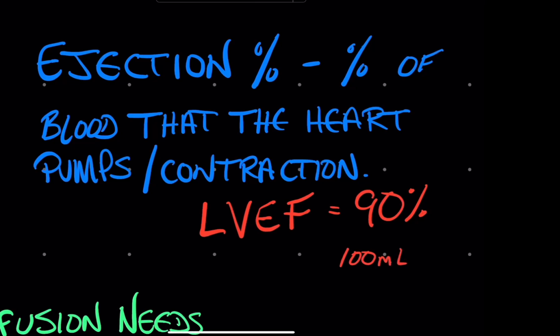If you were to eject 90% of that, it would be 90 mils. So no matter what amount of volume is filling this ventricle, it's always going to be the same percentage of that amount. The ejection fraction per person is always the same.